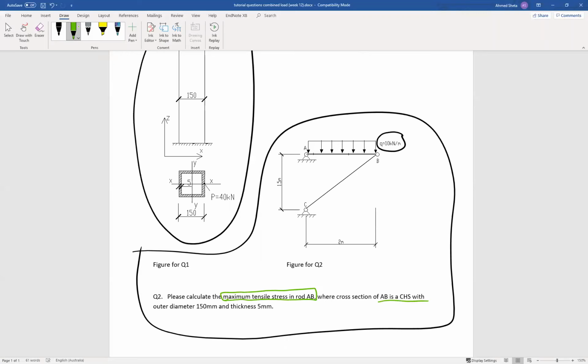If the cross section is a square hollow section, this is the section.